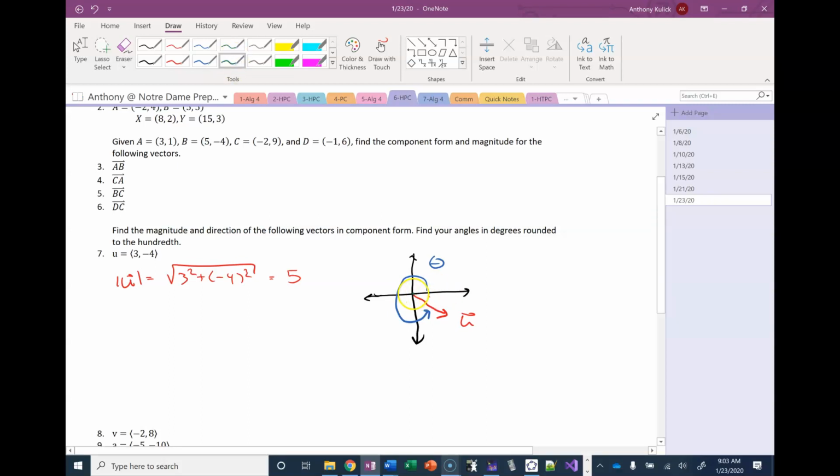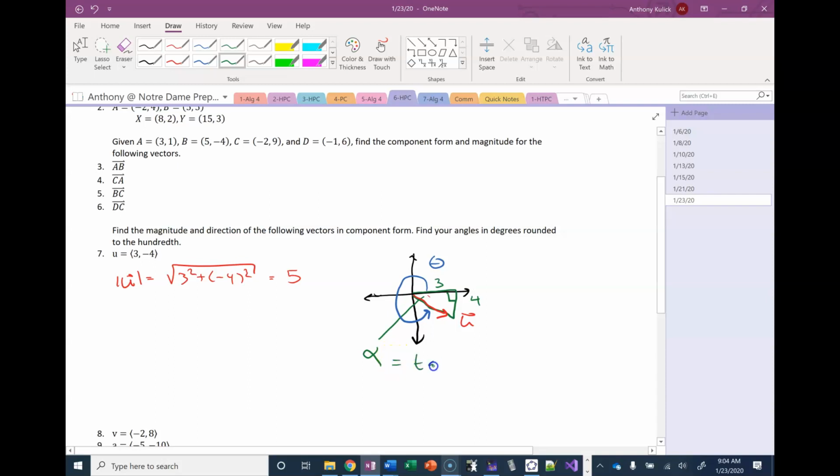So what I'm going to do is make a reference triangle. That angle on the reference triangle that forms with the terminal side and the x-axis I'm going to refer to as alpha. And the side lengths of this triangle are 3 and 4 because I've gone 3 over and then 4 down.